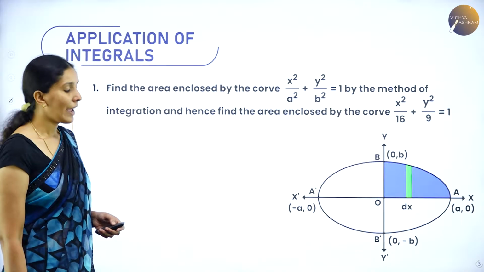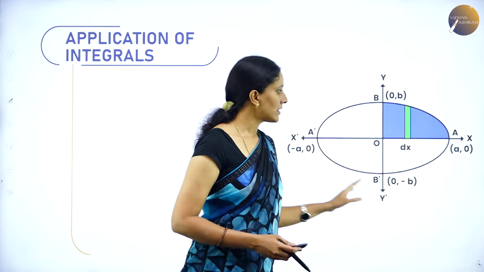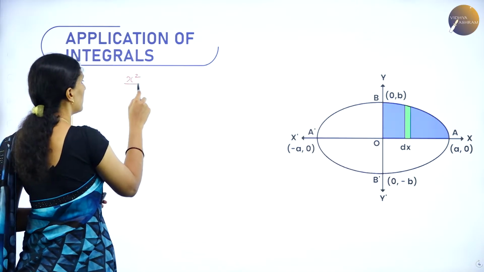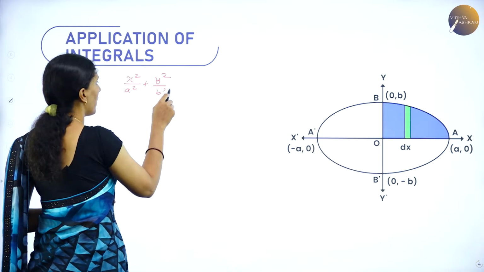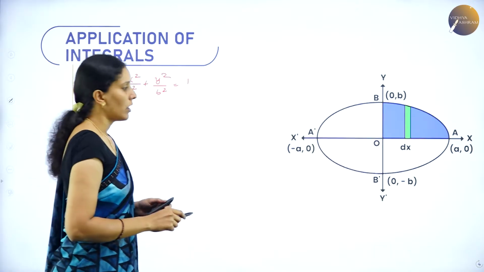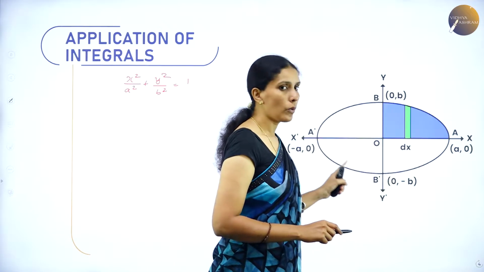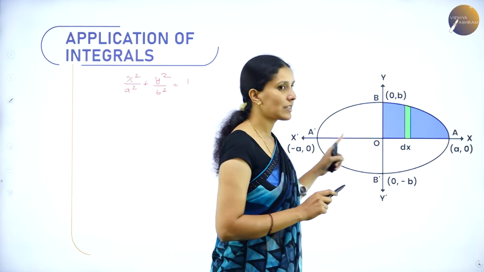So here I have taken an ellipse. The standard equation of this ellipse is x square by a square plus y square by b square is equal to 1. Now I need to calculate the total area bounded by this ellipse. We know that an ellipse is symmetrical about its axes.